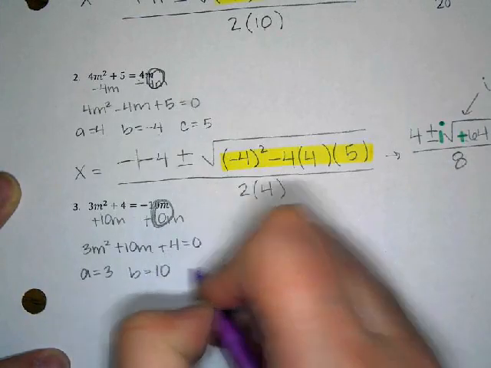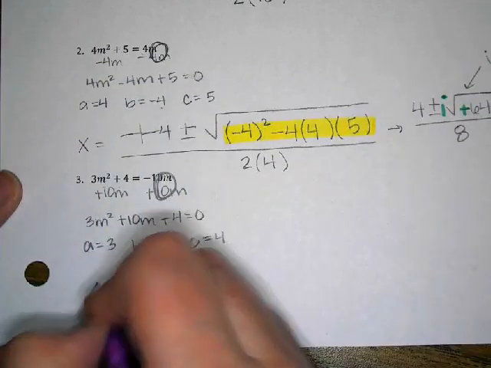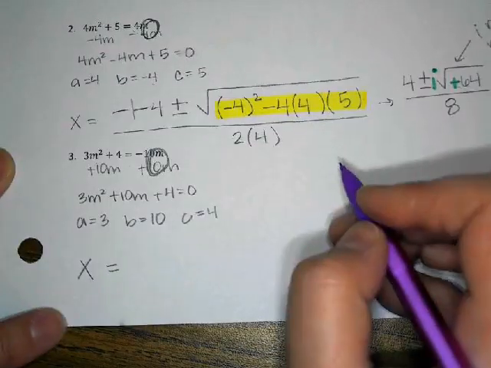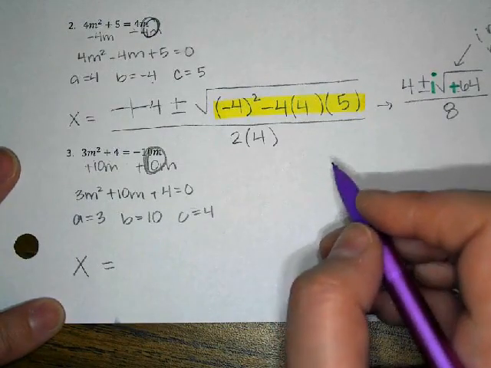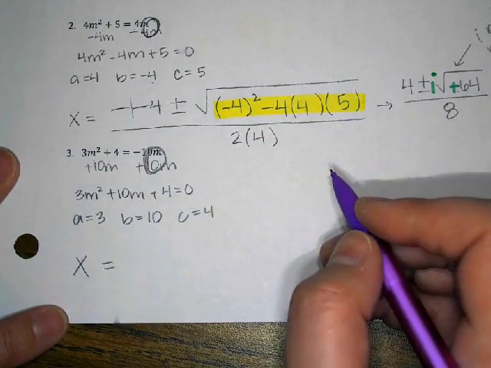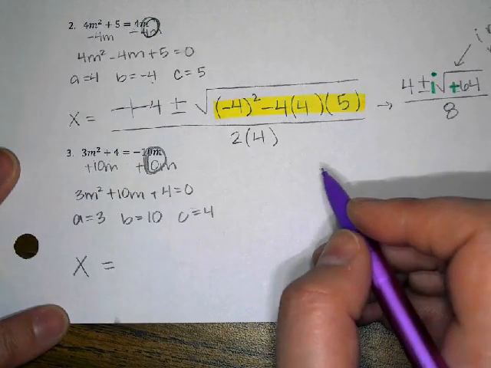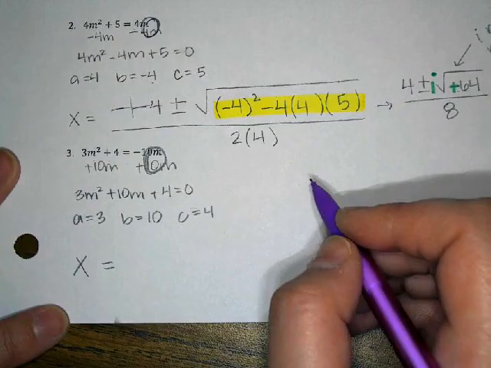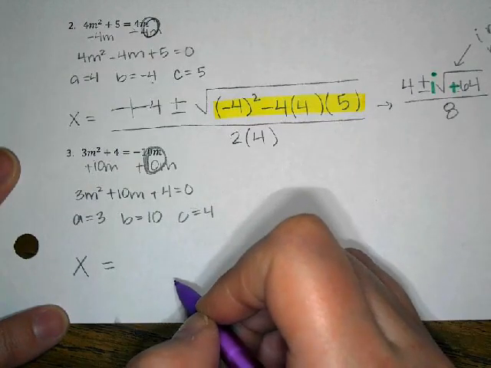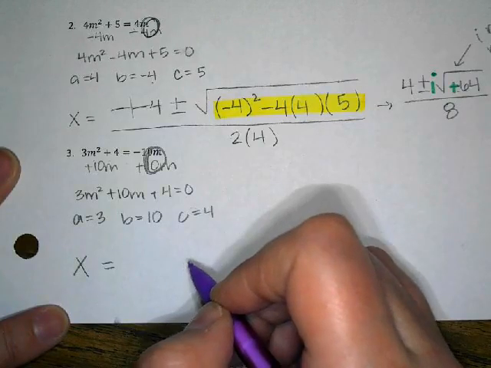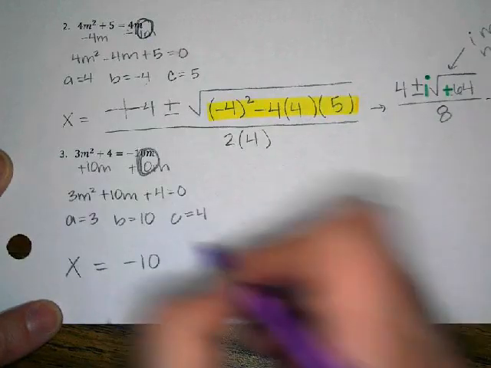Perfect. So we have x equals, what does the formula say? Close, but not quite. Not the negative version, so it'd be negative 10. Good. So the negative version of B, which is negative 10, plus or minus, and then Alyssa, what comes next?